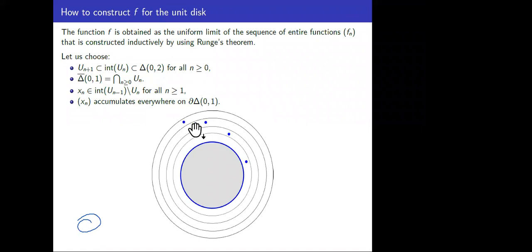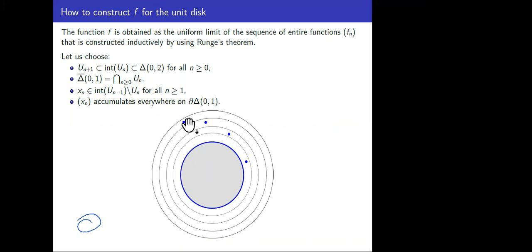After you have chosen the exhaustion sequence of open sets which collapses to your original domain, you choose a sequence of points. You can do that because of the conditions that we have. In particular, for the unit disk this is easy. Just take some irrational rotation, getting closer to the boundary.